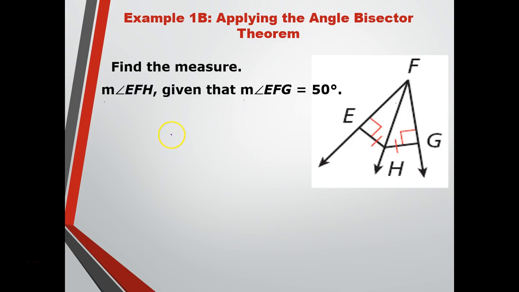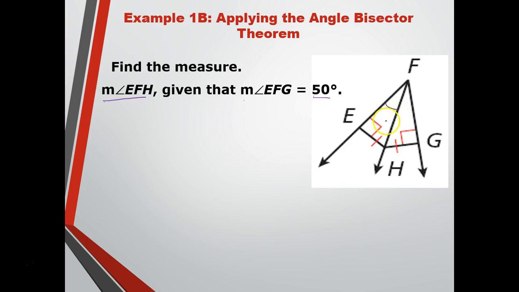For our next exercise, we are going to be applying the converse of the angle bisector theorem. It says find the measure of angle EFH, given that the measure of EFG is 50 degrees. So what we're looking for, EFH, is this angle right here.